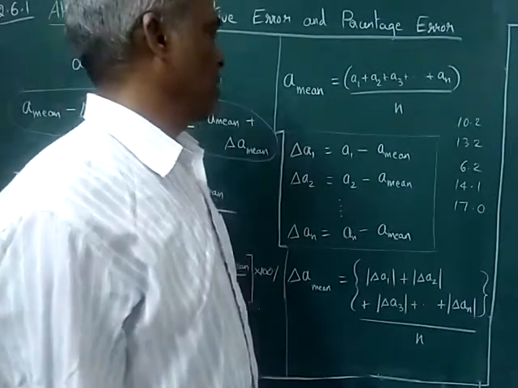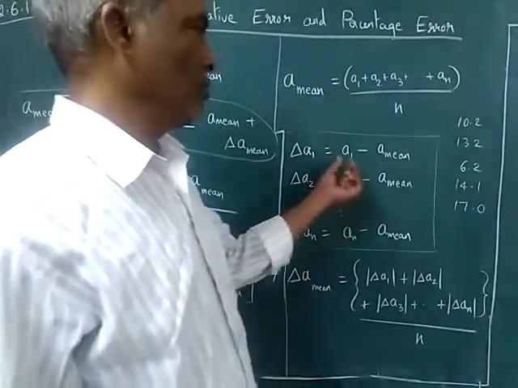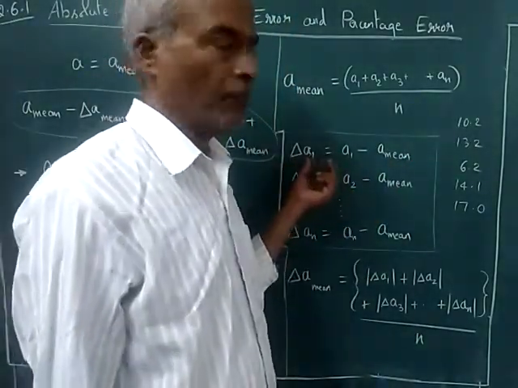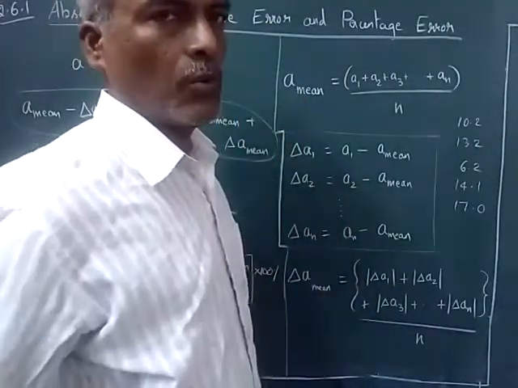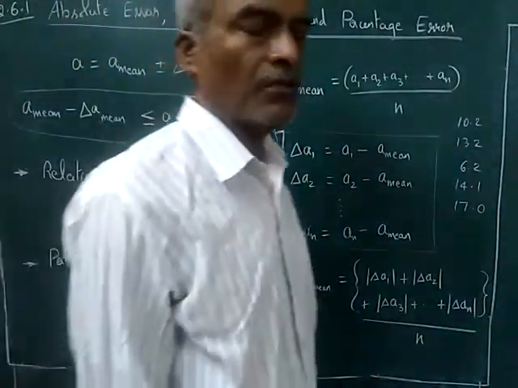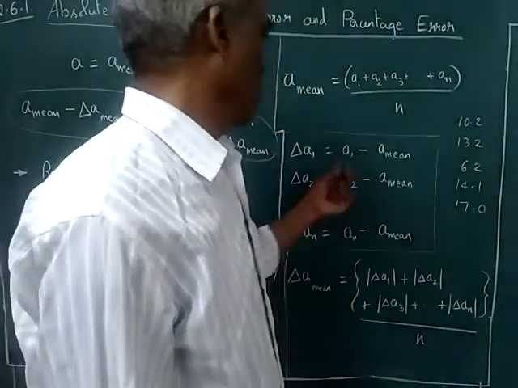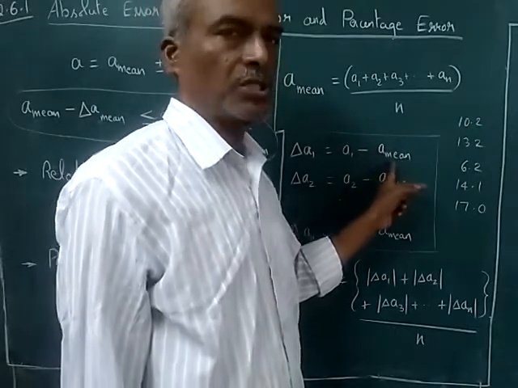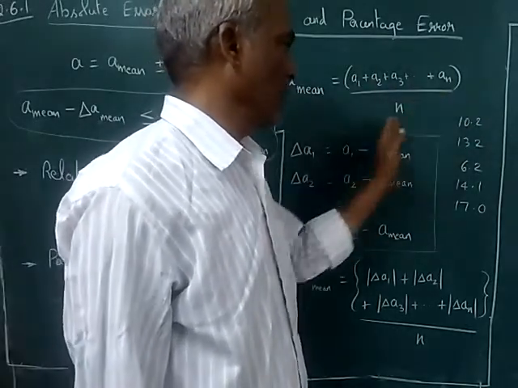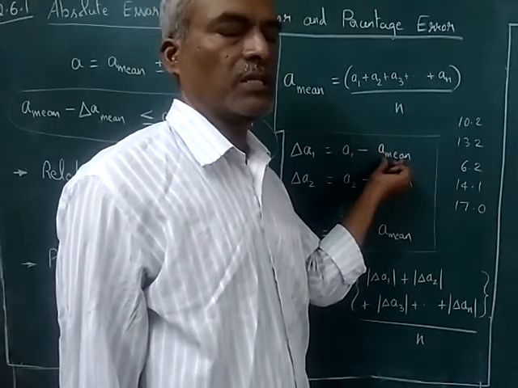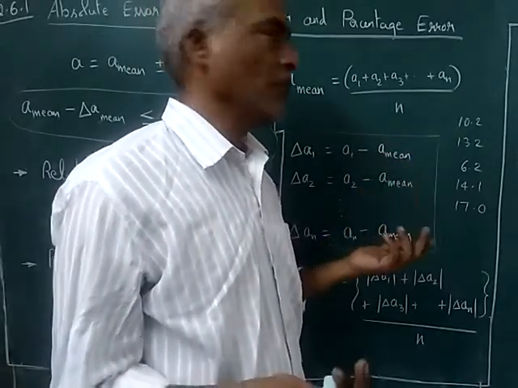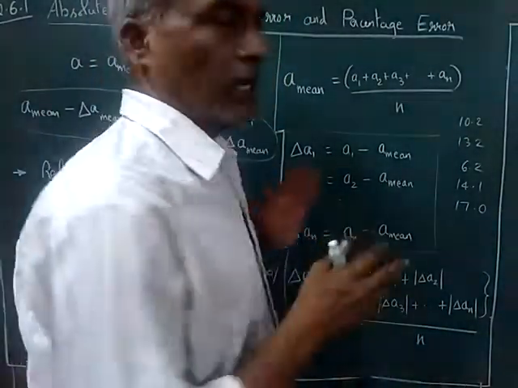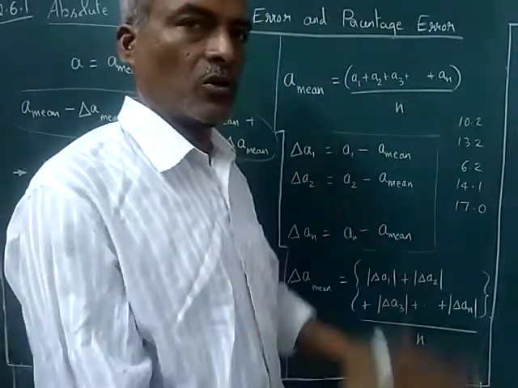Now we are interested in finding the difference between the individual measurement and the average measurement. That is given as del A1. If you take the magnitude of del A1, that gives the absolute error of the particular measurement. So A1, the first individual measurement, say 10.2, minus this average. You apply the average formula and substitute the value. It can be positive or negative, but for absolute error we consider only the magnitude, so it is always positive.